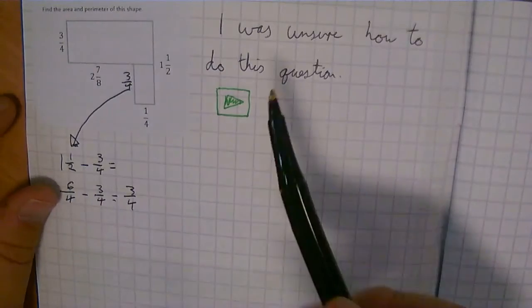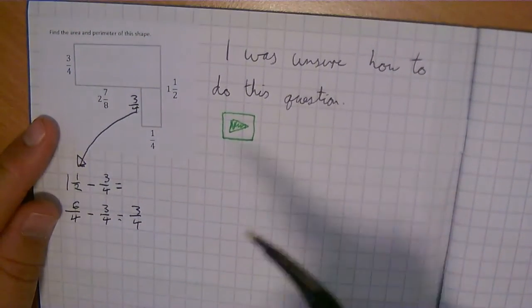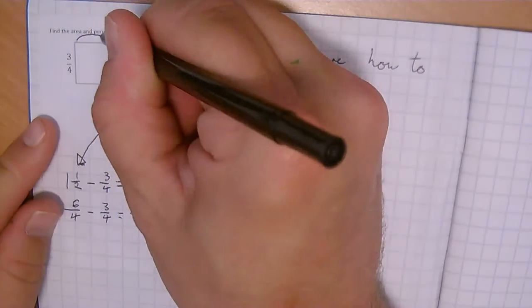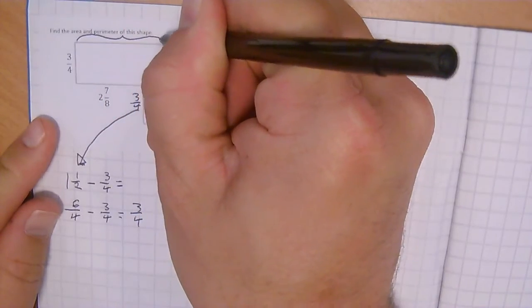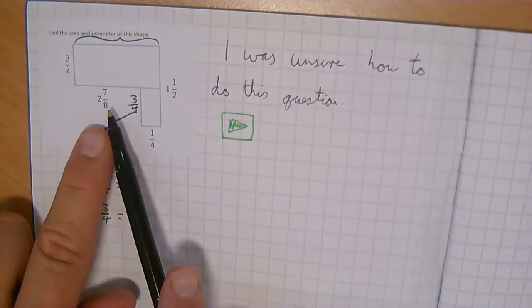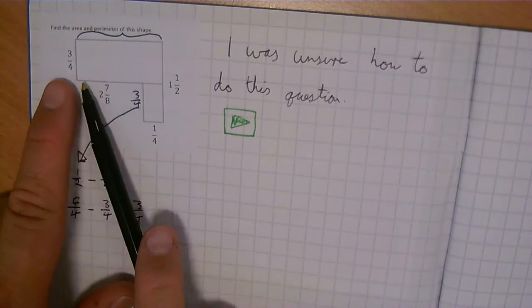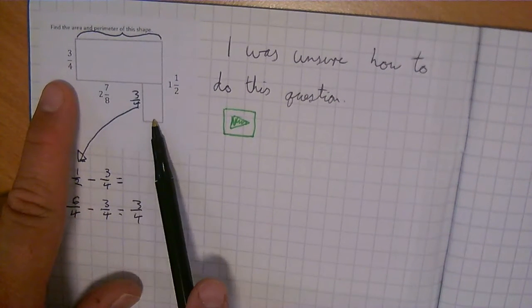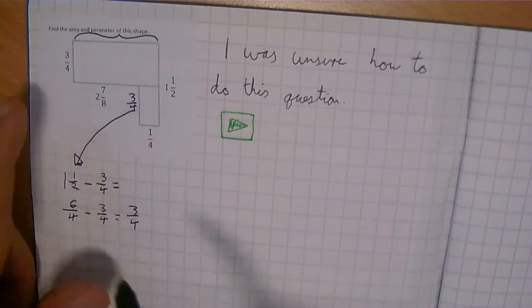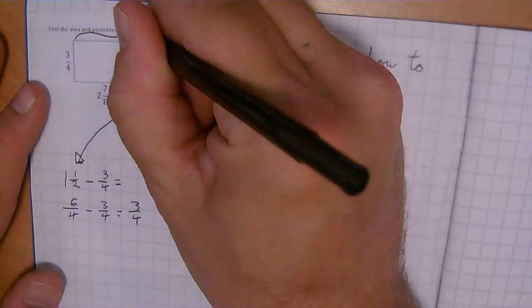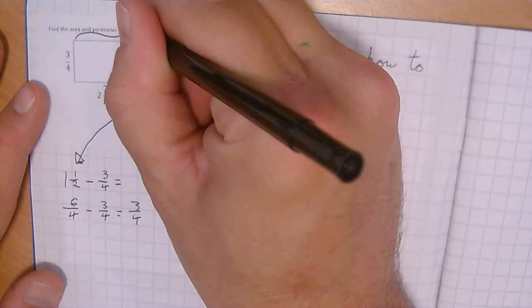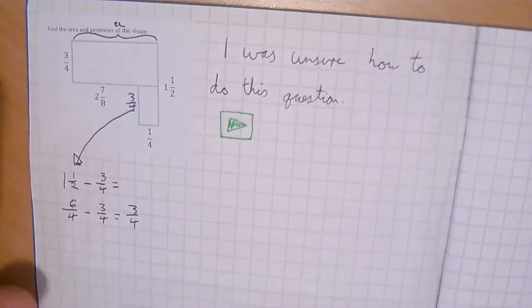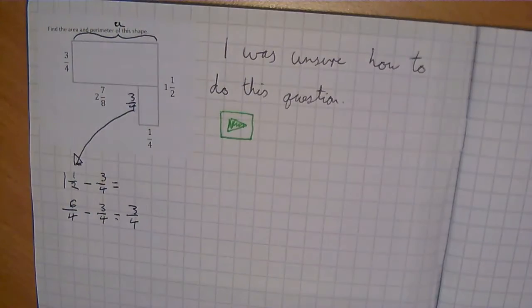Now the other side length I need to find out is this one. And that one must be this 2 7/8, which is this length up to here, plus the 1/4 here. That will make up that length there. So that length there, I'm going to use algebra. I'm going to call that A, just from the space perspective.